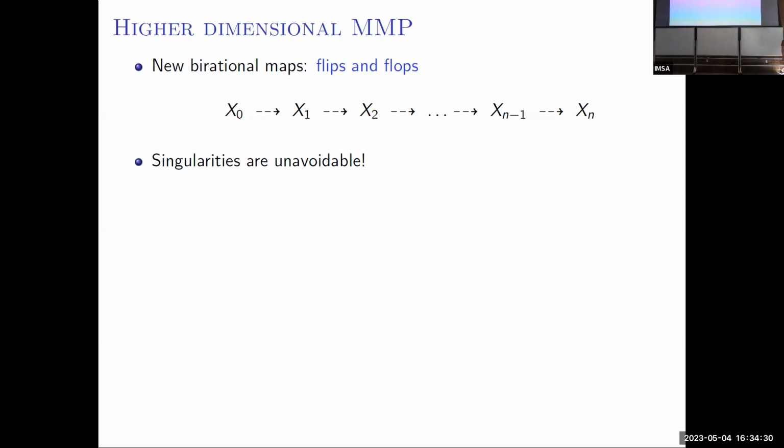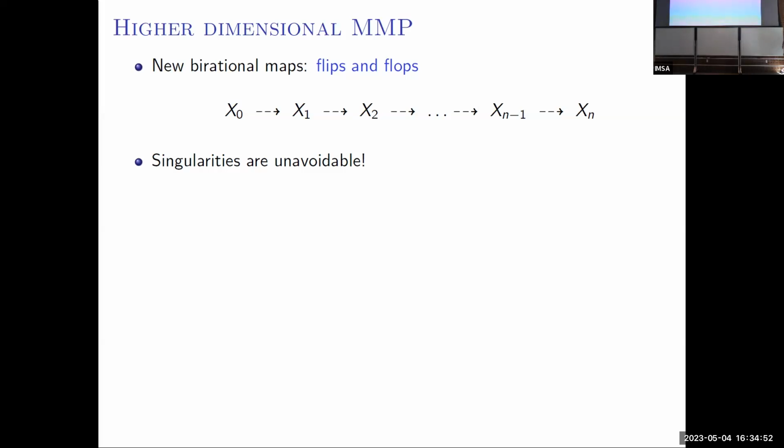But the difficult thing here is that you need to allow singularities, but you cannot allow any singularity because if you do that, you don't have theorems. So to have interesting and meaningful theorems, you will have to impose restrictions on the singularities.